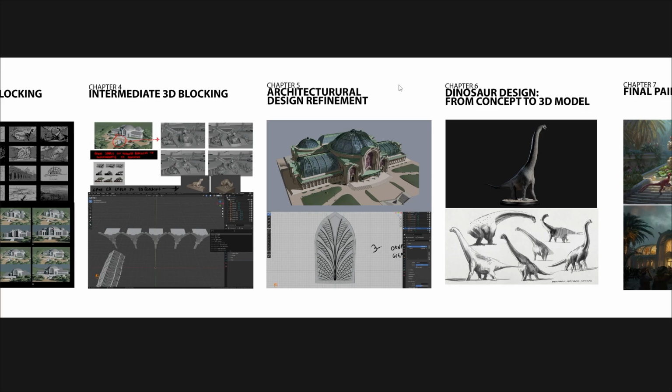I will also talk about the Grease Pencil tool, which is a wonderful tool in Blender that I'm using quite a lot in this lesson. So there's going to be a few lessons about this tool too.